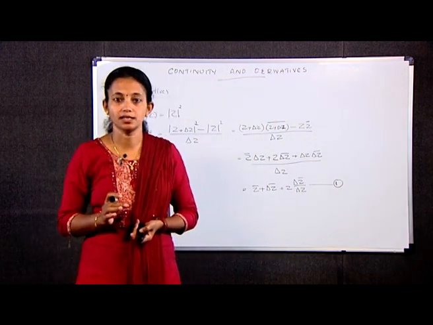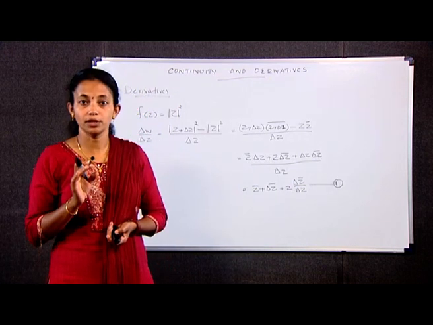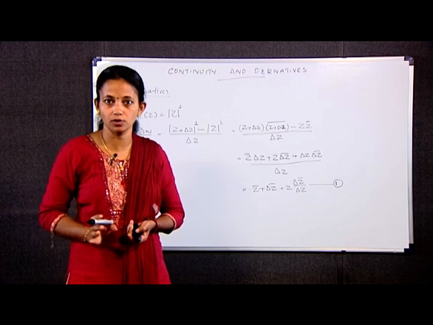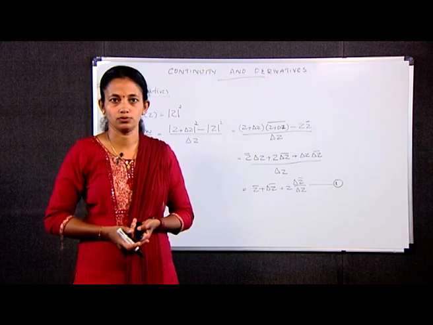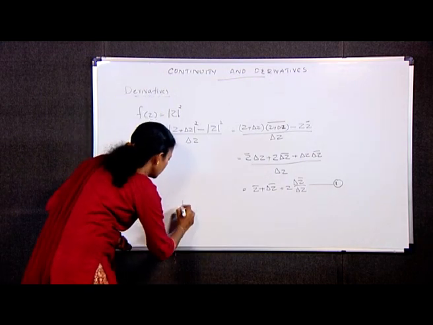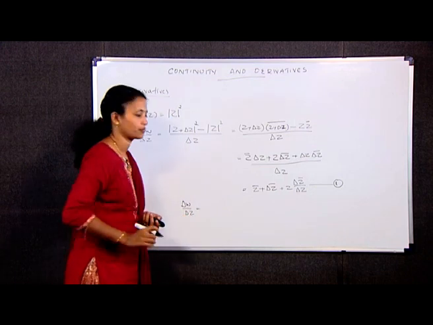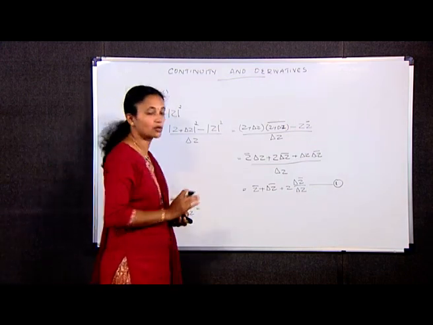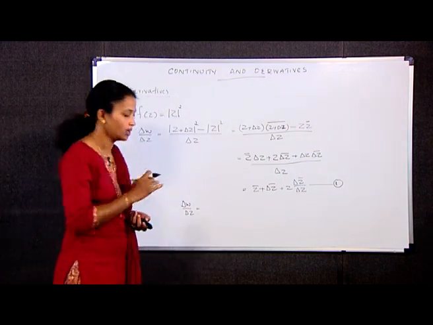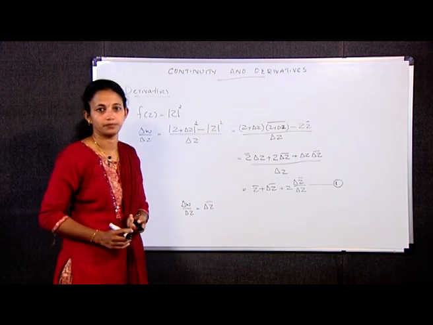We first consider the case when the point is the origin. At the origin, we have z is equal to 0 and z bar is equal to 0. Therefore, the equation reduces to delta w by delta z equal to delta z bar.